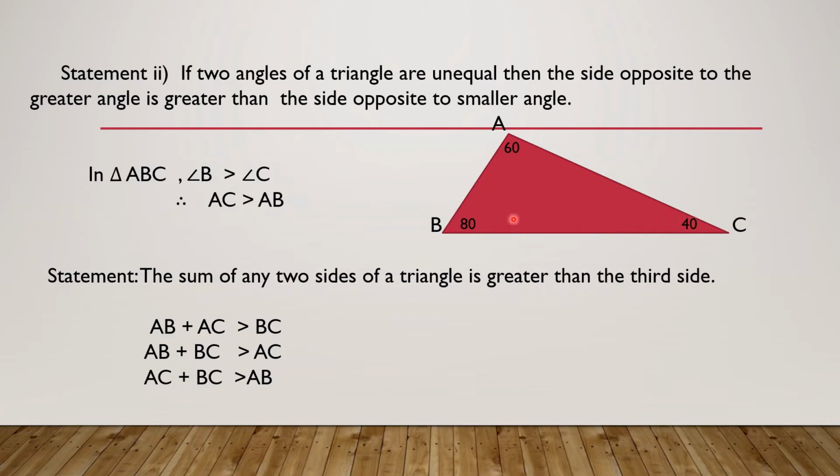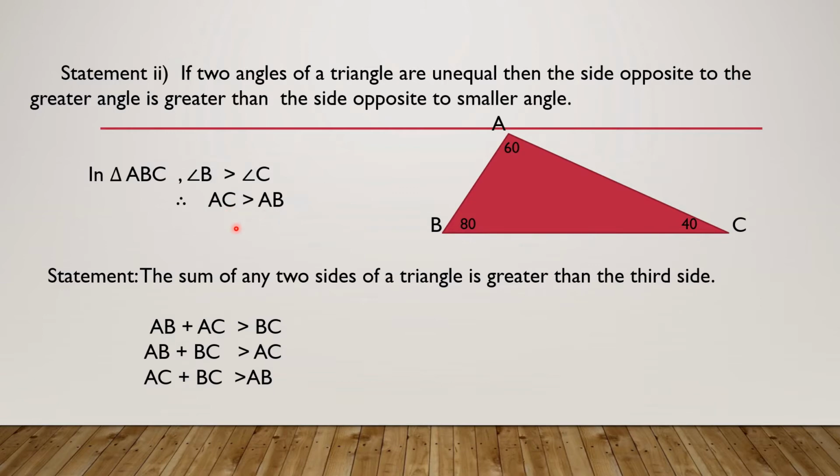Then in triangle ABC, angle B is greater than angle C. By this property, the side opposite to the greater angle B, that is AC, is the greatest side, and the side opposite to the smaller angle, that is AB, is the smaller side. Therefore, AC is greater than AB.